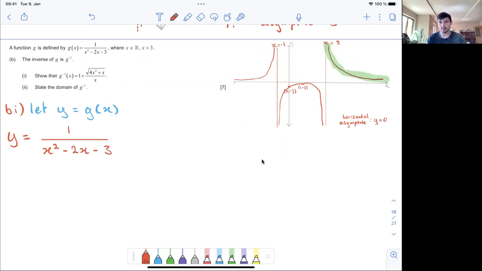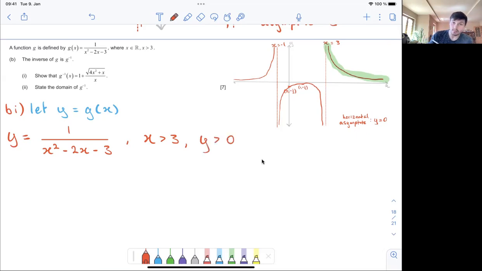At the same time, I'm going to note the domain and range. This is for x greater than 3, and we can see from our graph that when x is greater than 3, the graph of g is always greater than 0. So that means y is greater than 0 as well.